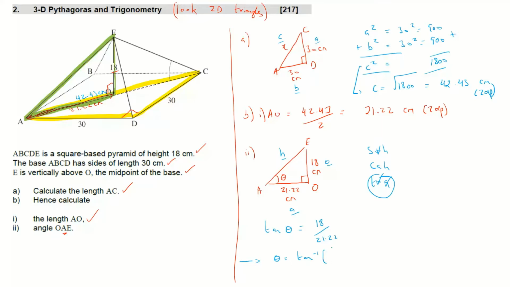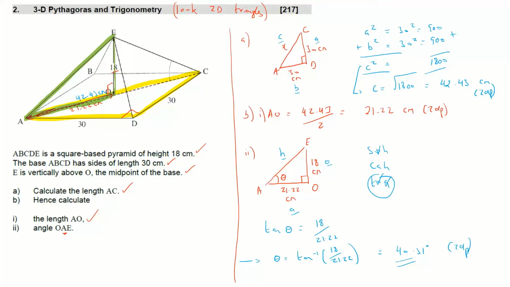So the inverse tan of the fraction, all right, and see what you get. So shift tan 18 over 21.22 gives me 40.31 degrees, because it's an angle to 2dp. Okay, and that's that question done as well.